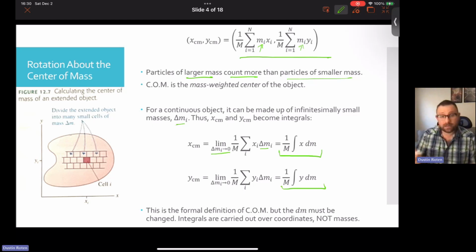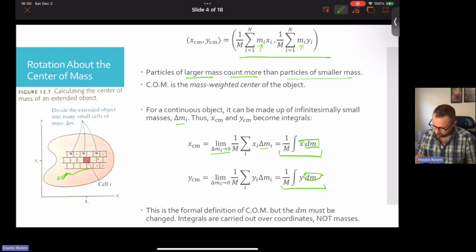So the whole idea, just like on the previous slide, if we have some weird object like this, we can keep making all of these little mass chunks smaller and smaller, and then finally we can integrate over it.